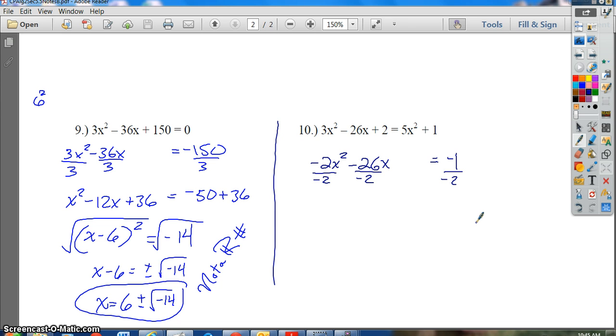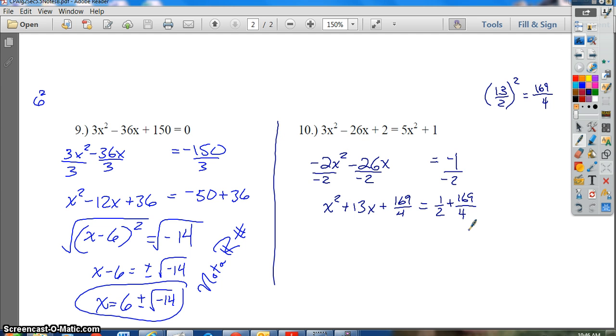So we now have positive x squared plus 13x equals a positive half. Half of 13, that's nice, 6.5. I'm going to leave it as a fraction, so this is 169 over 4. Fractions are your friends. You'll see why here.